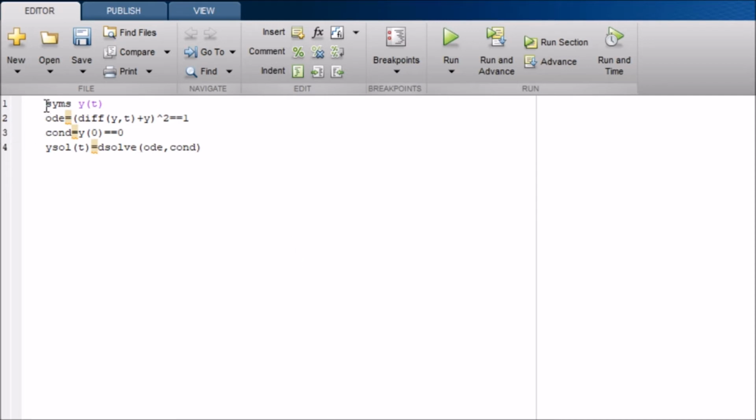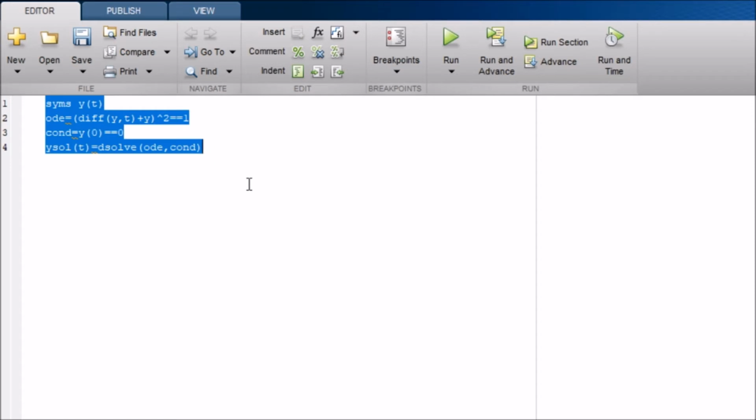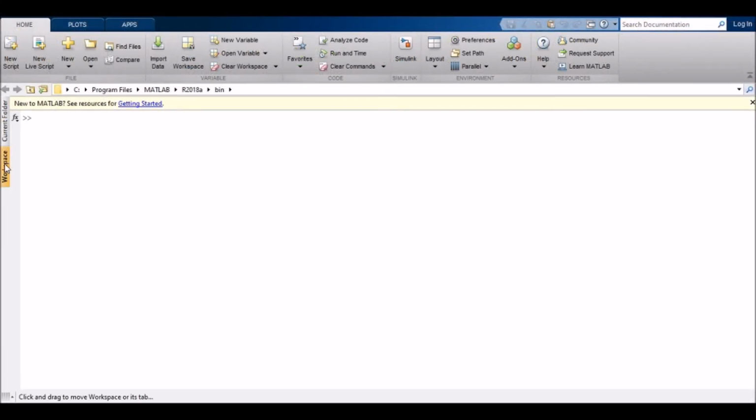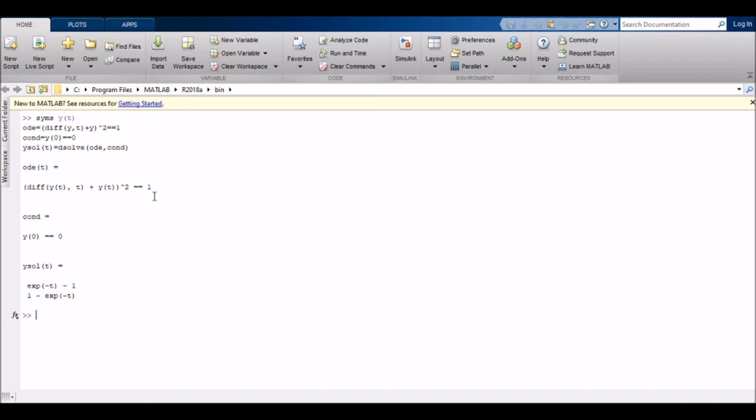Now I copy this program and paste in command window. Then we get the differential equation, this is the condition, and the solution is equal to this. In this way we solve the nonlinear differential equation with initial condition by using MATLAB.